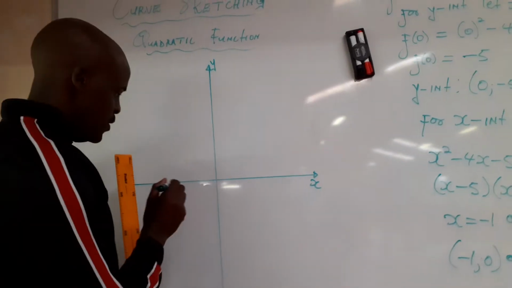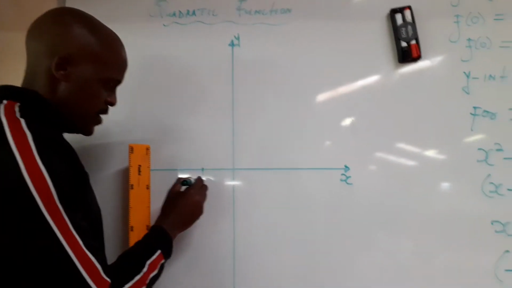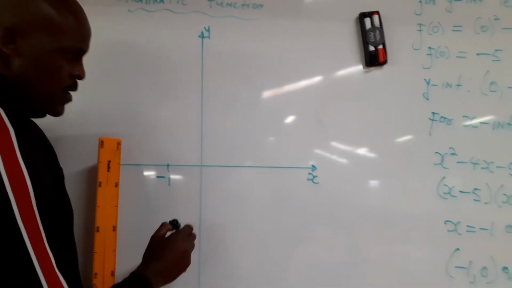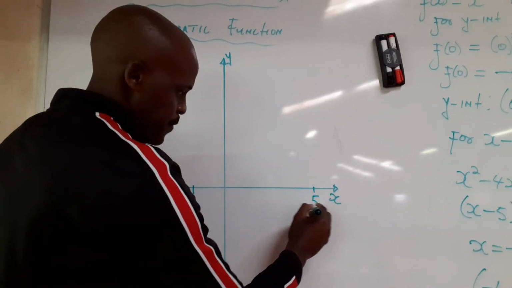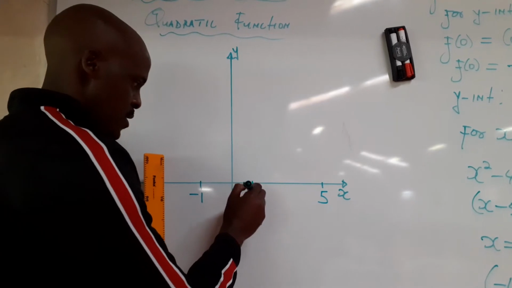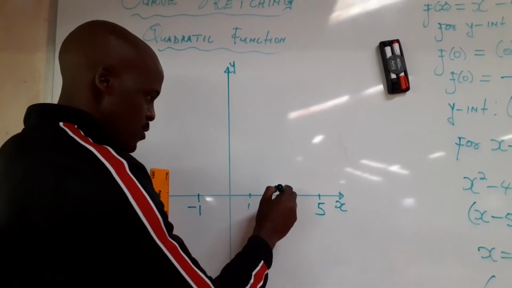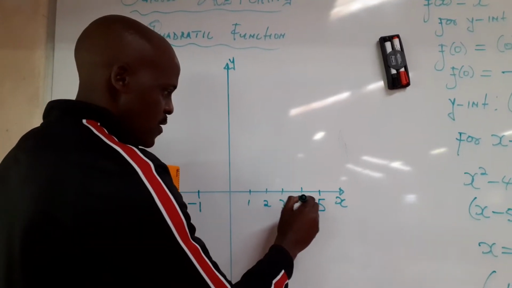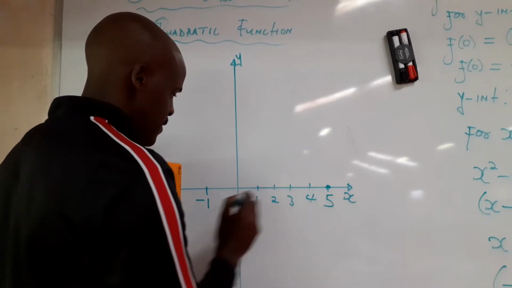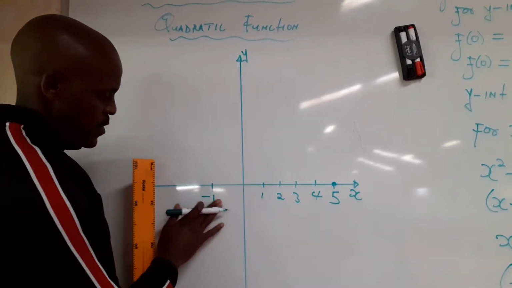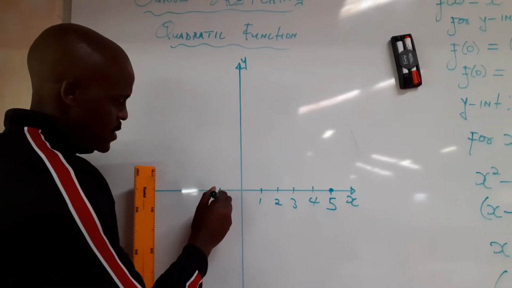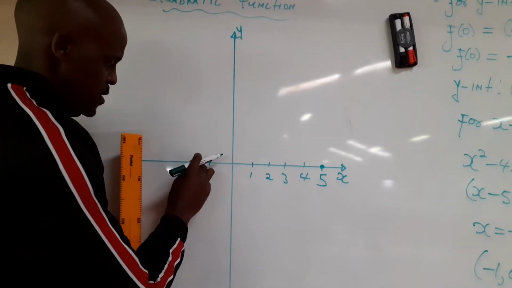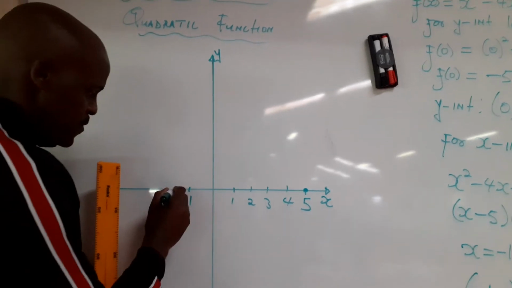Right, let's indicate our points. Let's say we've got -1 here. And then let's say we've got 5 there. So 1, 2, 3, 4 up to 5. And then it's -1 like that.